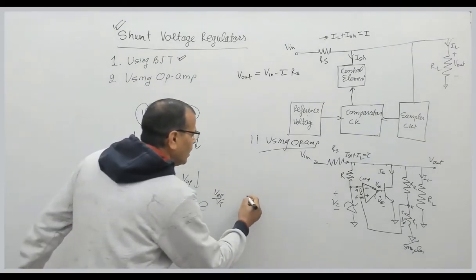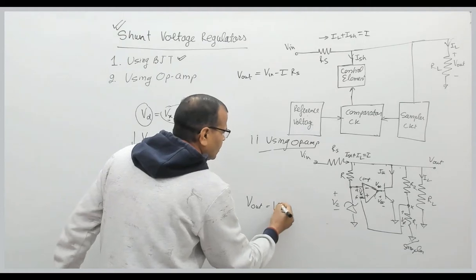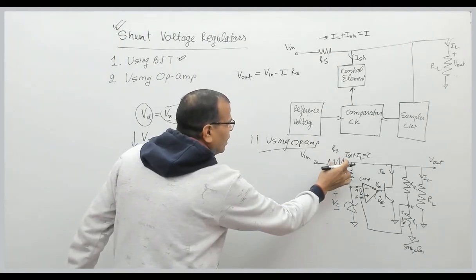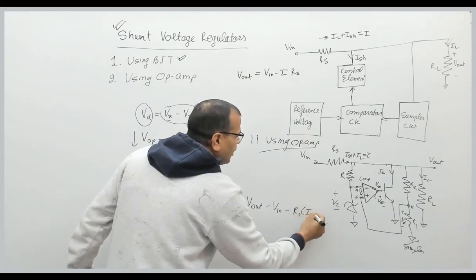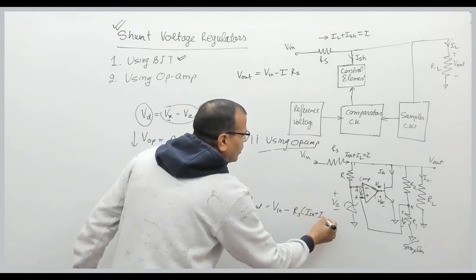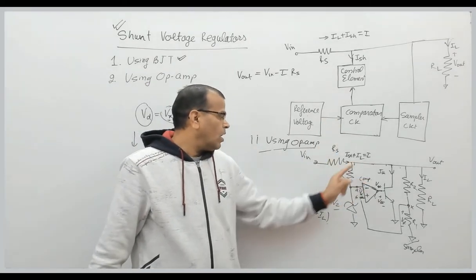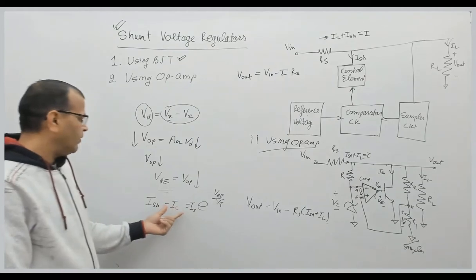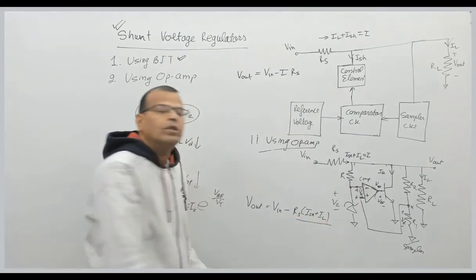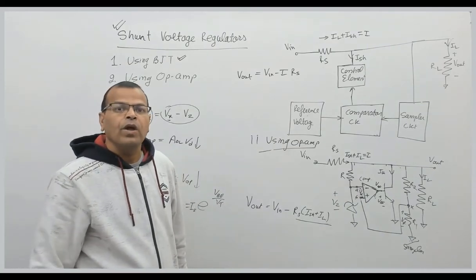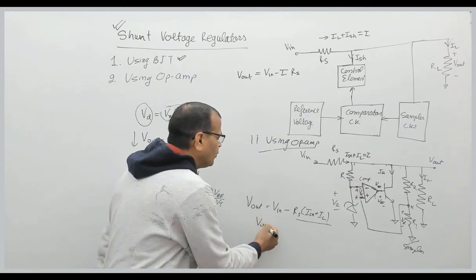Now let us see the expression of the output voltage. The output voltage in this circuit is Vin minus the drop across this resistance, that is Rs multiplied by I shunt plus I load. Now please see carefully, when the shunt current reduces, the drop across the resistance Rs will reduce. When the drop across Rs reduces, the output voltage will increase.